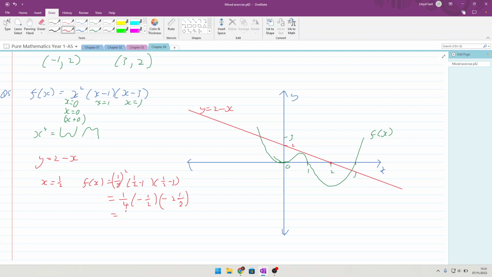Okay, which is not high enough for it to interact with the red graph, because at y equals 5/16, it doesn't happen. Okay, so real solutions equals 2.